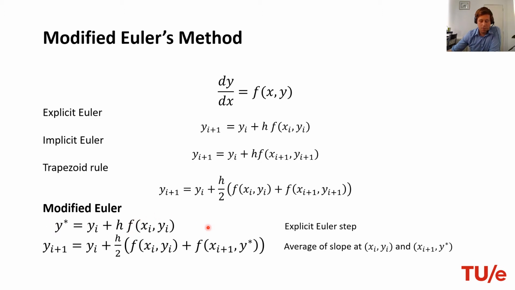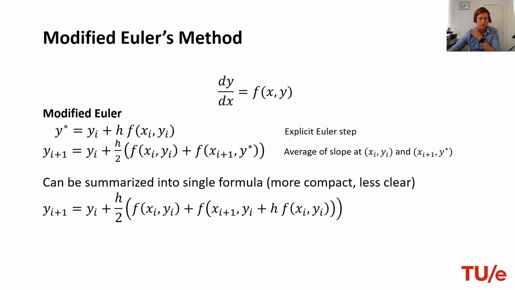But what we actually do is, well, we also incorporate how f behaves at x_{i+1} and at y star. So by doing this, we are able to incorporate more information on the function f in constructing our numerical approximation of the function y. In this slide, I just rewrite this a little bit, as you will in textbooks generally see modified Euler more commonly denoted like this.